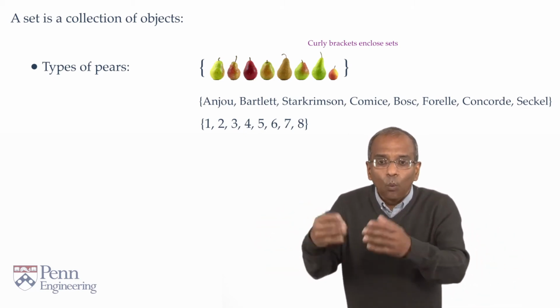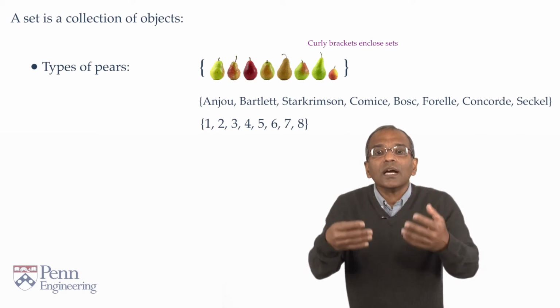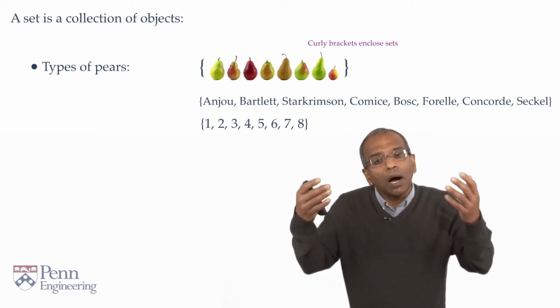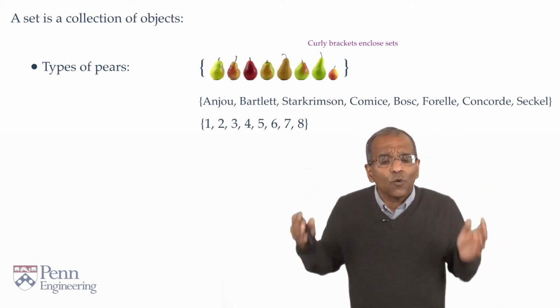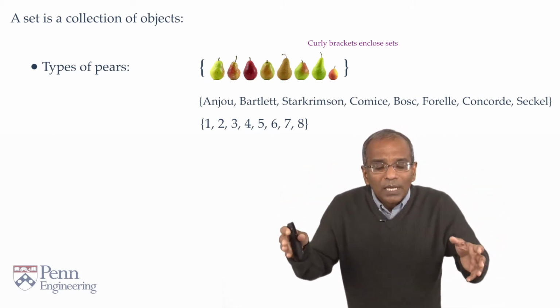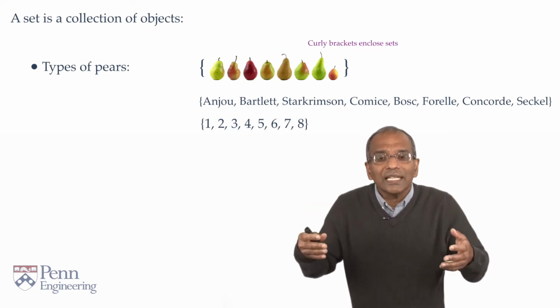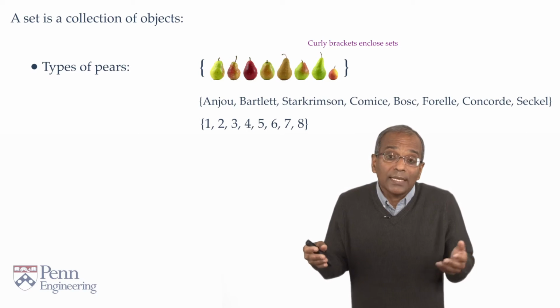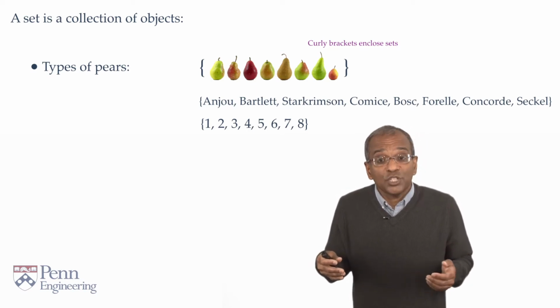So in our case, 1 could represent the first kind of pear on that list, perhaps an Anjou. 2 could represent a Bartlett, the second pear on the list, and so forth. With this common understanding, we might just as well deal with a collection of 8 numbers, 1 through 8. Or, if you wished, letters A, B, C, D, E, F, G, and H.